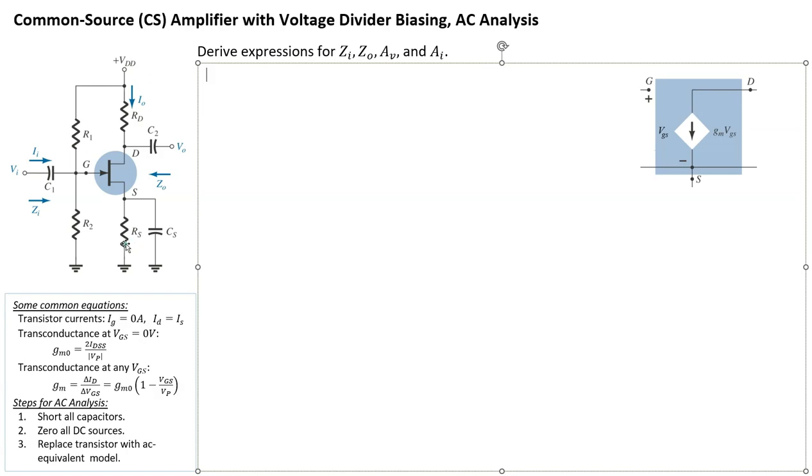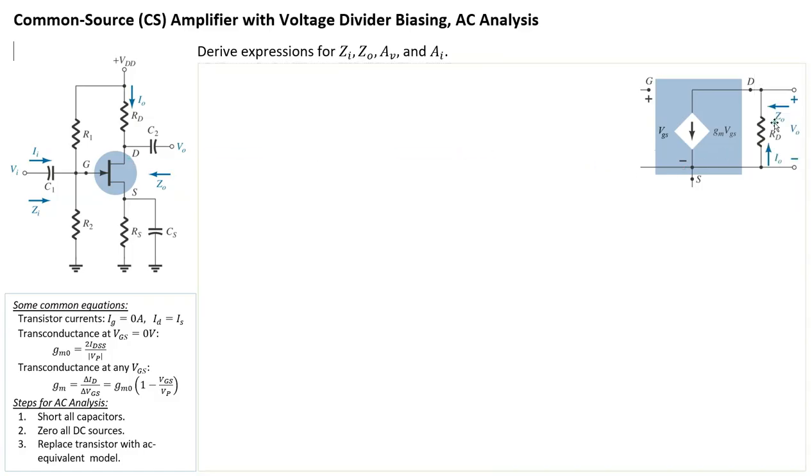And then on the other side of RD, the top side of RD, this is going to be 0 volts, which means it is going to be grounded. So one side of RD is connected to ground, and the other side is connected to drain. Let's have a look how that looks here. So you have RD connected to ground. This is the ground part.